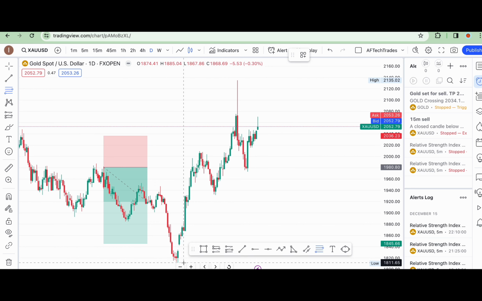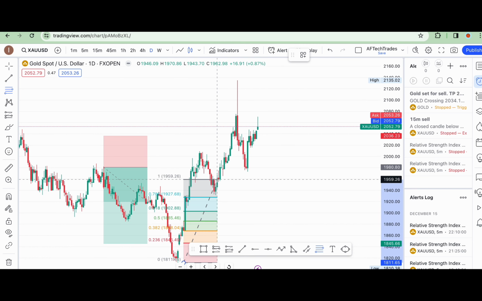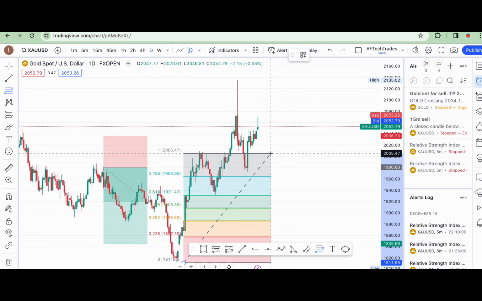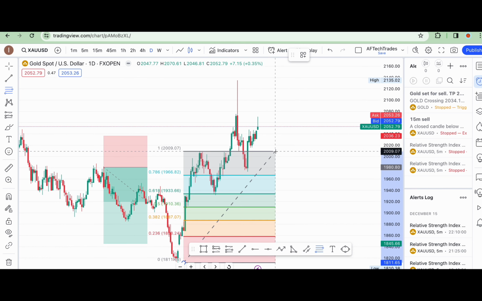You place your tool here up to this level, then you extend it forward. When you extend it forward, this is 0 to 1. You will take the same length of this for the extension.